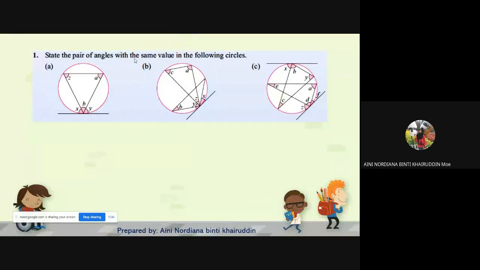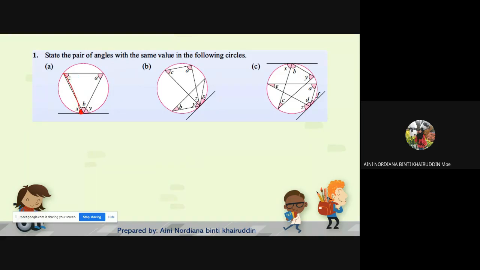State the pair of angle with the same value in the following circle. Ni I dah ajar dah before this. You just look at the angle. For example, angle X here. So yang mana pasangan dia? First, identify the chord. This is the chord.